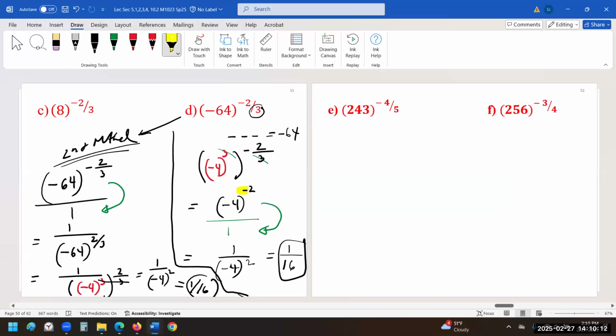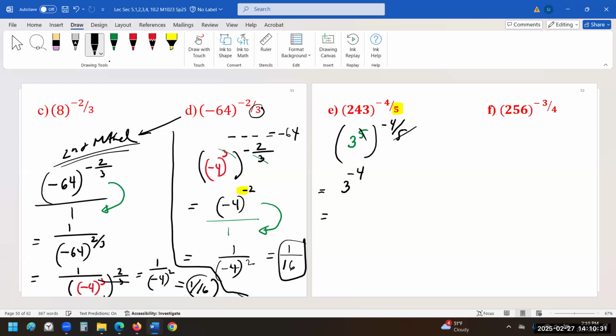243, since the power is 5, you're looking for the same number 5 times. Odd number. So 3 to the 5th. Negative 4/5, the 5s cancel out. We have 3 to the negative 4. That's a fraction: 1 over 3 to the positive 4.